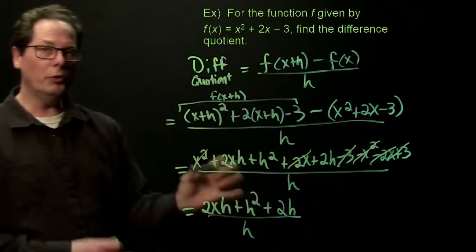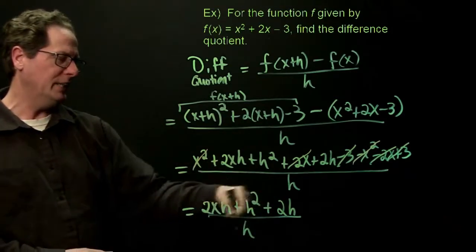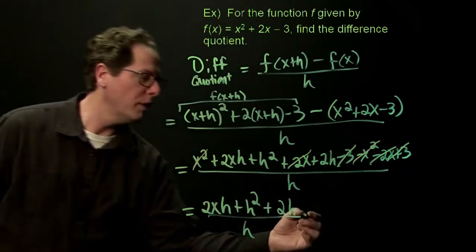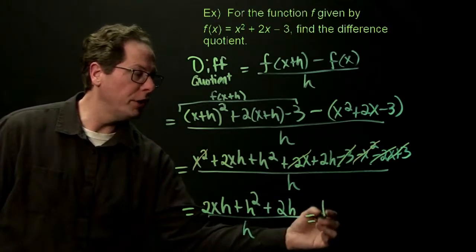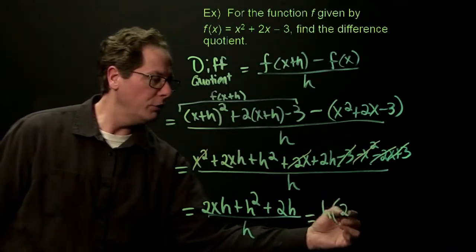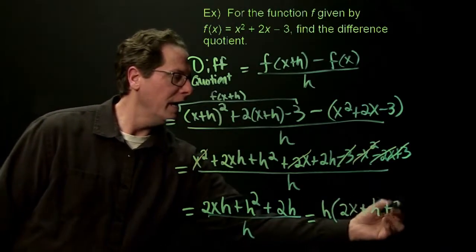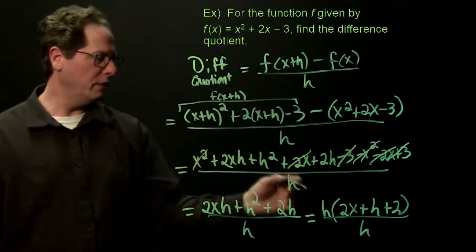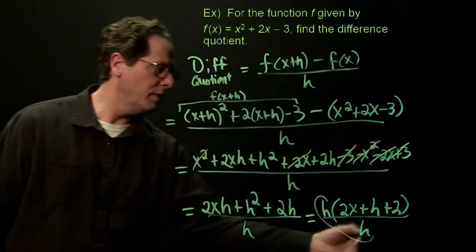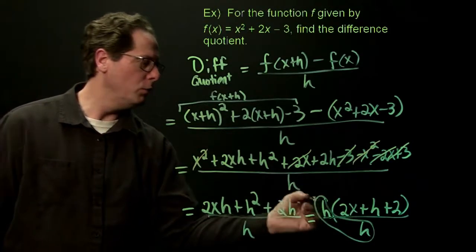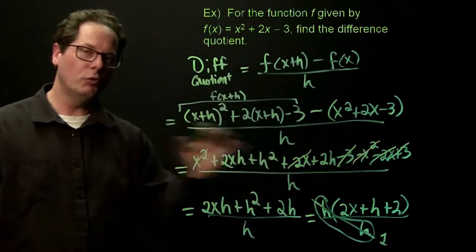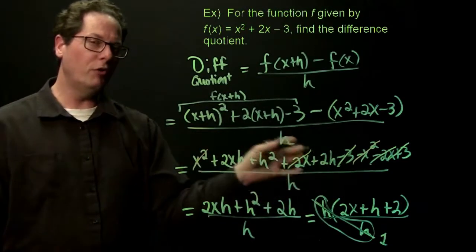Now we're going to factor out an h and get rid of the h's in the denominator. And here we go. So pulling an h out of everything, it leaves you a 2x behind, an h, and a 2, all divided by h. This expression can now allow us to cancel the h. H divided by h is 1. And so just replace that with a 1. And so we just get 2x plus h plus 2.